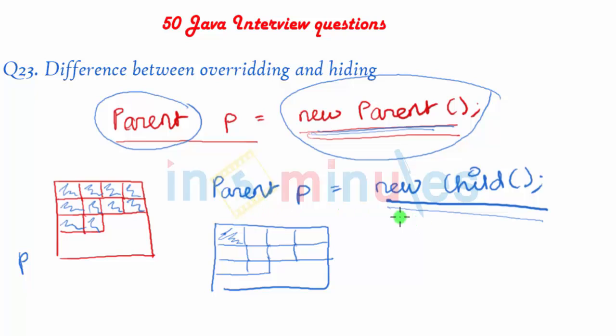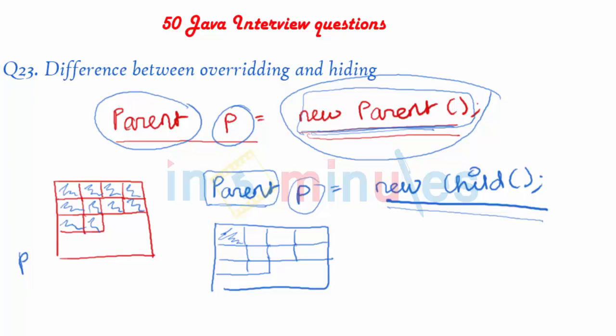So if we are to invoke a class method using an instance, and the function you're trying to call is static, then the Java compiler no longer checks the right hand side, but it will check the left hand side. If the object belongs to type Parent, then the Parent class static method will be invoked, and if it is Child, then the Child class static method will be invoked.